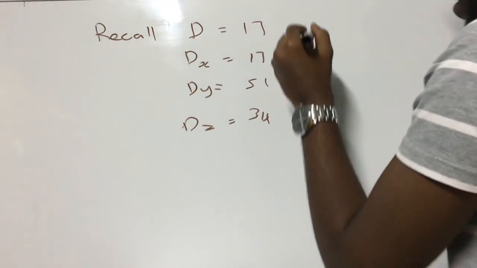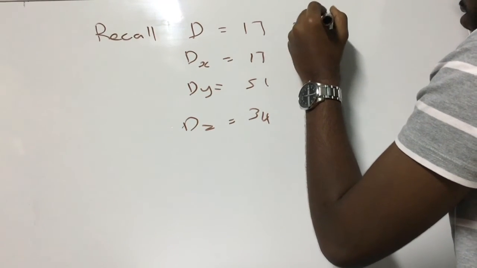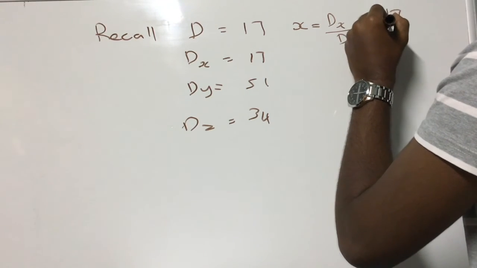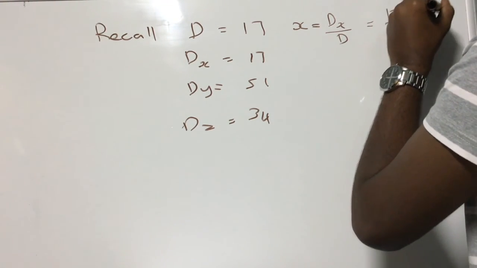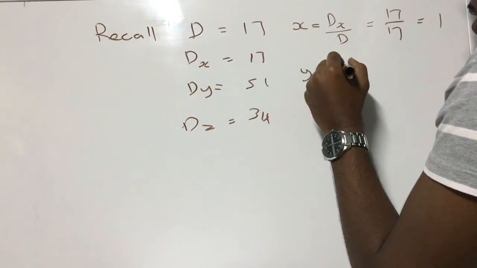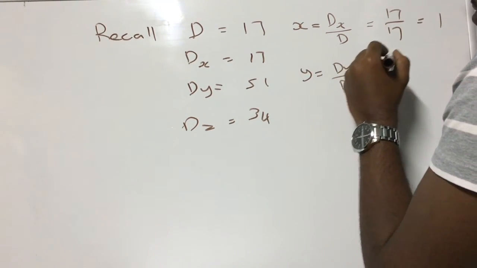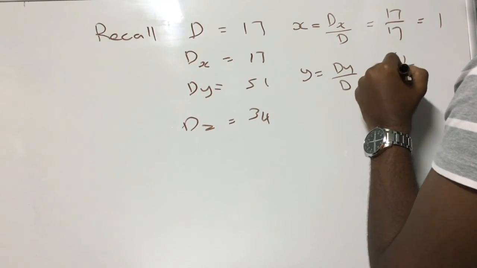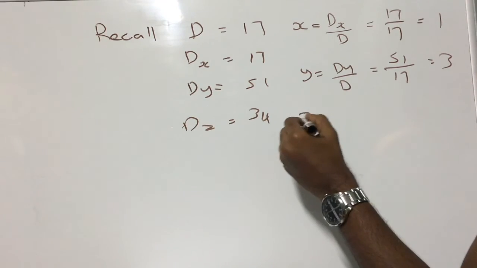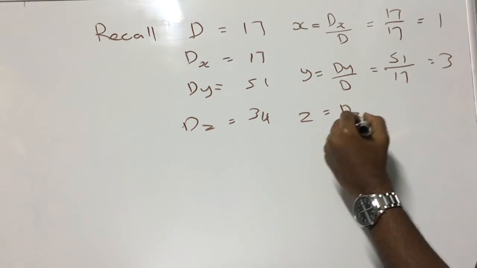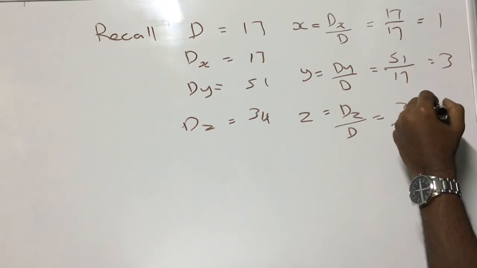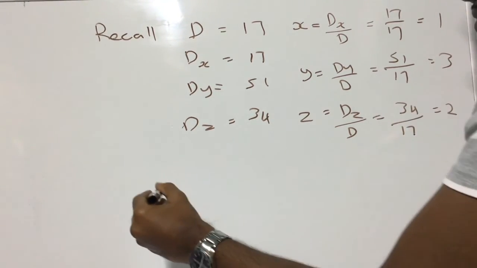And we know x is equal to Dx on D, which is equal to 17 on 17. Therefore, x is equal to 1. We know y is equal to Dy on D, which is equal to 51 on 17, which is equal to 3. And we know z is equal to Dz on D, which is equal to 34 on 17, which is equal to 2.